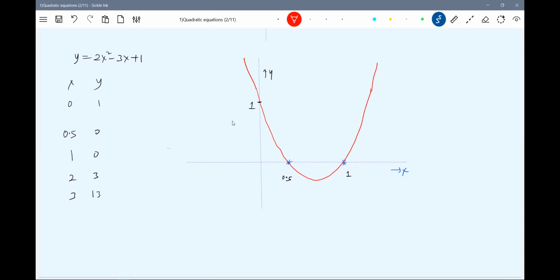So what is our question? Is there any method to predict? I'll call this point 1 and 2. Is there any method to predict the intersection points P1 and P2 other than graphical?